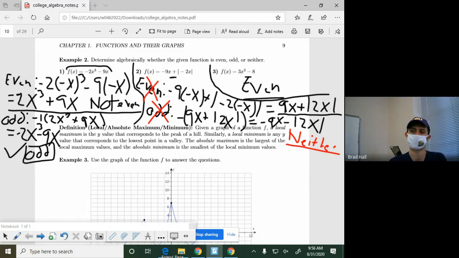Problem 2, well, absolute value is even, in essence. Might be weird to see. It's a little bit weird when you have funky symbolism, and then it has an absolute value would be even. 9x, that has a power of 1, which is odd.